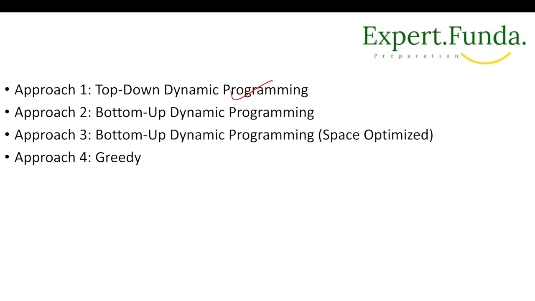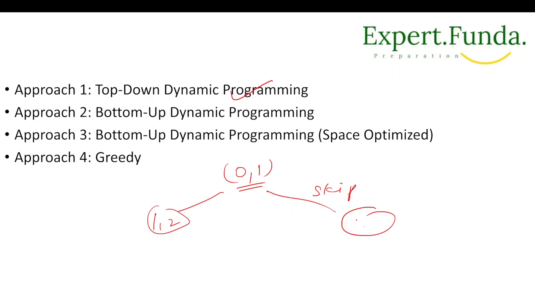So now how will we implement this? Let's suppose initially we have taken 0 and 1. Next we will move to 1 and 2. There is a next cook, and this time we may skip, so we can skip the dish. Next we will cook or we can skip. Like this we will go, and we will do some memoization of all the already calculated things and store them somewhere.